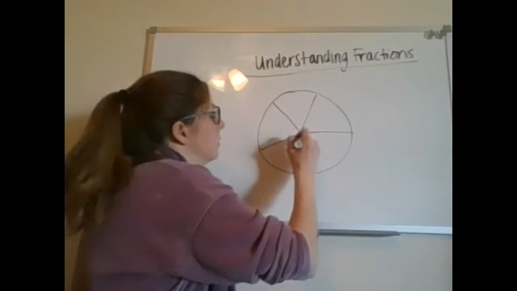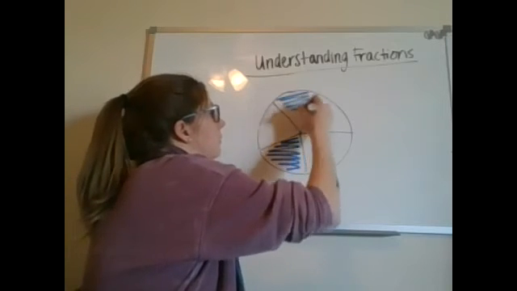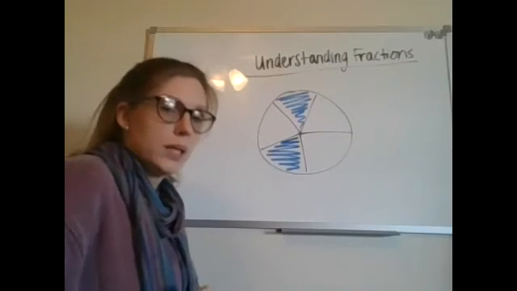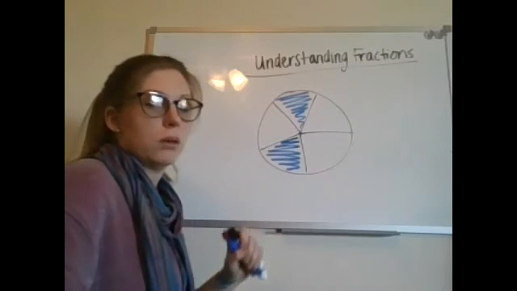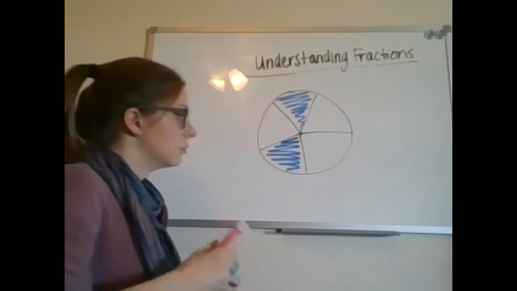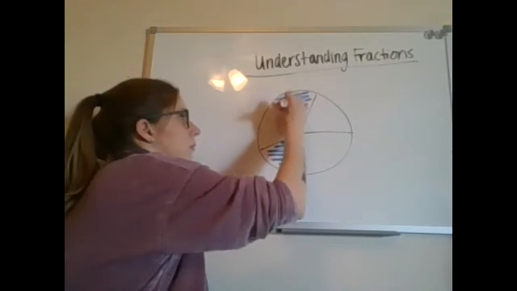And I shade in those 2 pieces. How many pieces of this circle are shaded blue? If you look at this, how many pieces are shaded blue? 1, 2.